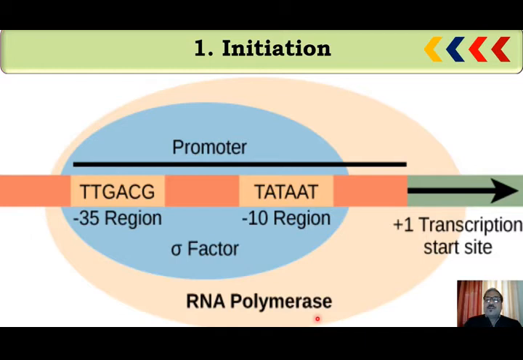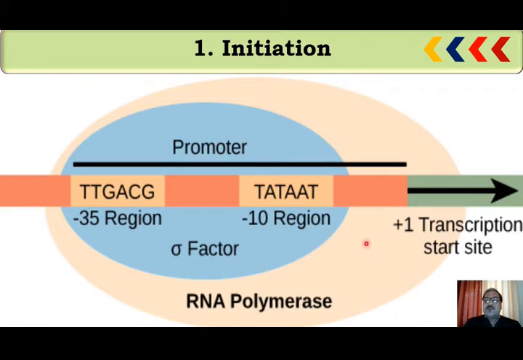In E. coli bacteria, the promoter site consists of two conserved sequences. At the 5' end, here we have this TTGACG region, which is minus 35 base pairs away from the starting region. So this is in the upstream side.